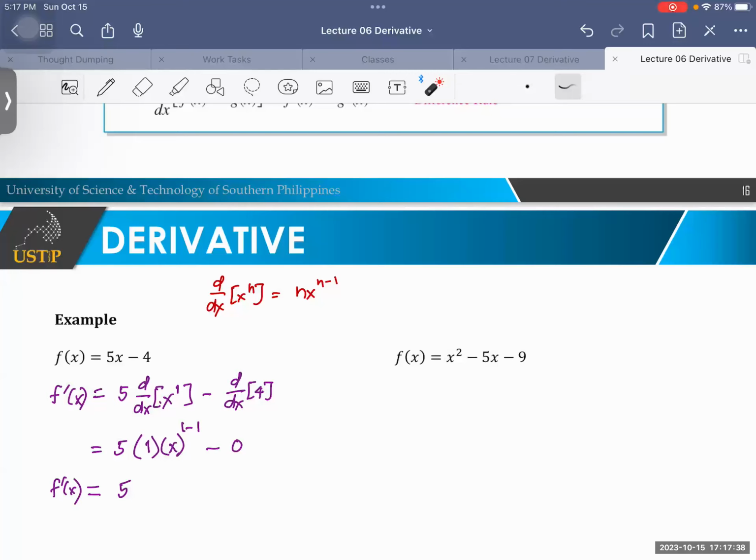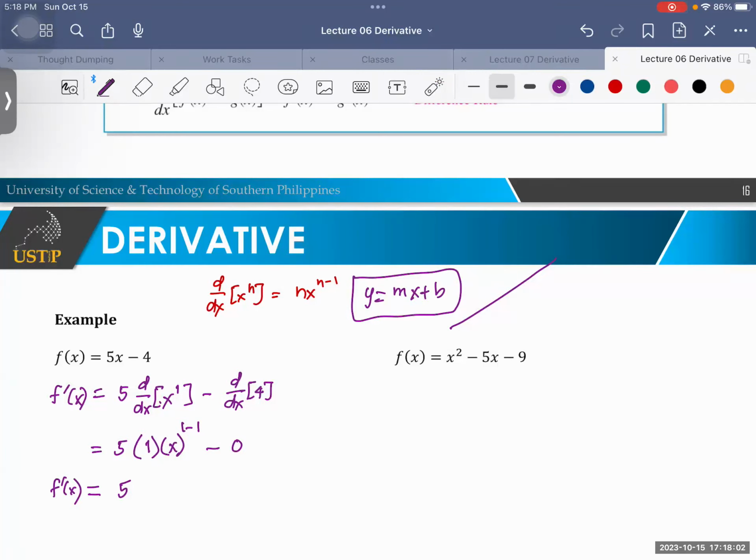Now, balik lang gamay sa ato ang function na dili siya contradictory sa mga na-learn since algebra days. Why? Kay kining 5x minus 4, if you can remember, this is in the form of mx plus b. Y is equal to mx plus b. It's a line, di ba? It's a graph of a line.